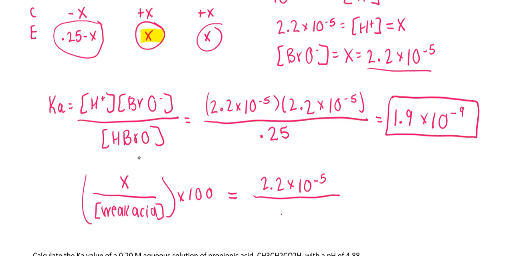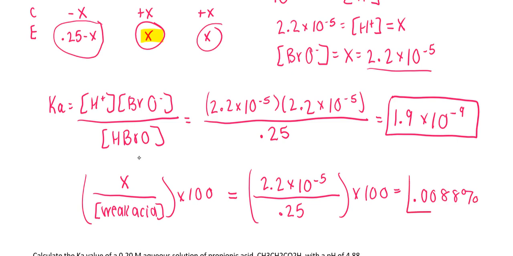The initial concentration of my weak acid was 0.25. Multiply by 100 to get that in percent form. Very small number. So since my percent is less than 5%, X is negligible, so we don't even have to worry about subtracting X from that initial concentration.